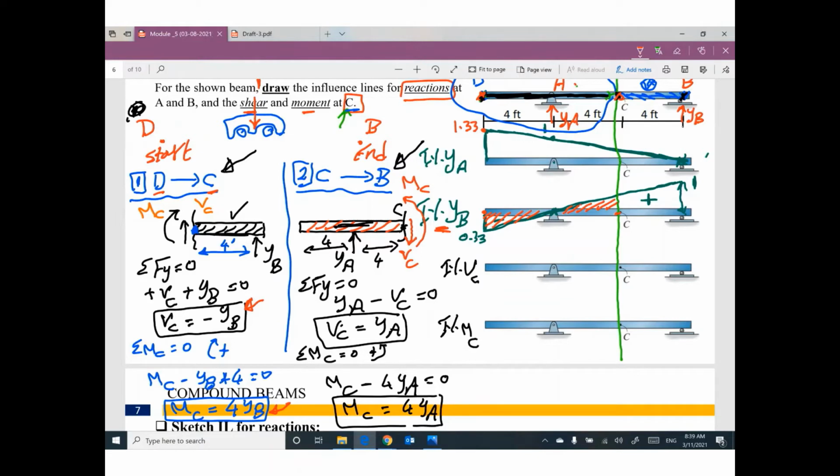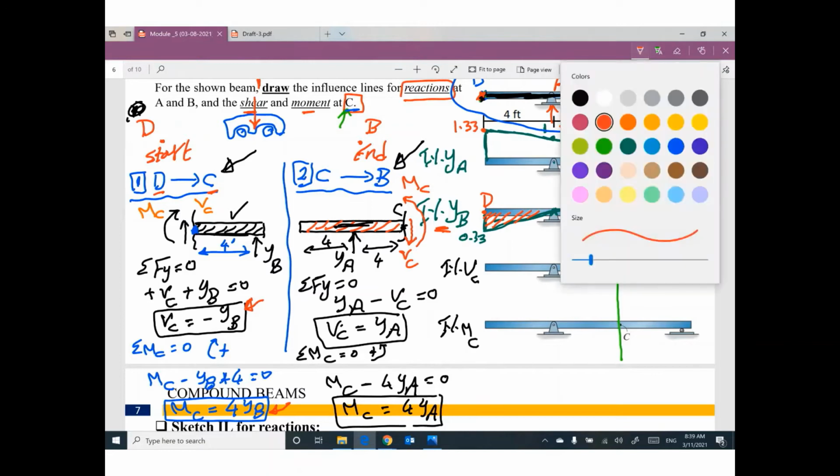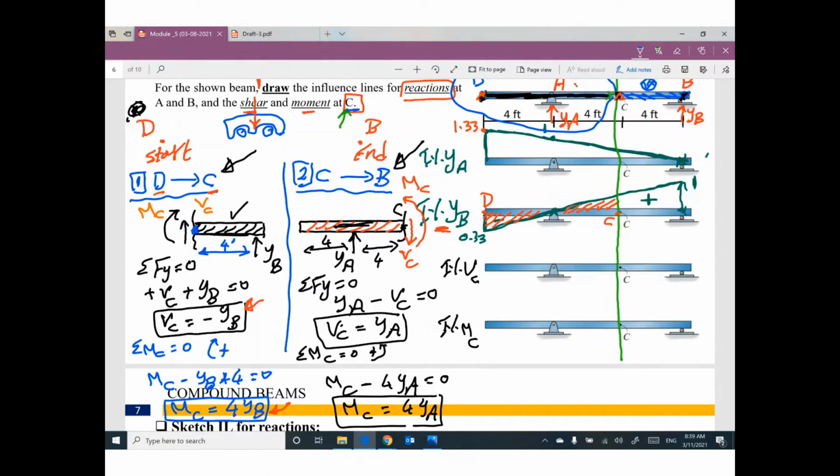From D to C. Can you multiply this YB by negative? If you multiply this diagram YB by negative, I think it will be switched like this. This one was positive, it will be negative.